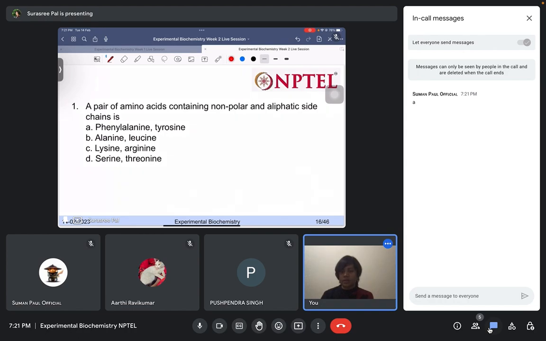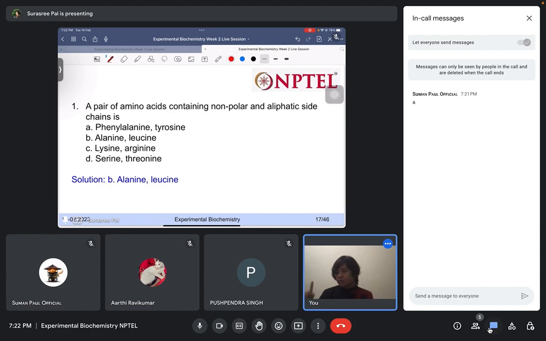Non-polar and aliphatic side chains. Not C also, because C are basic amino acids. So they are polar. Their side chains are charged. So the correct answer is alanine and leucine.